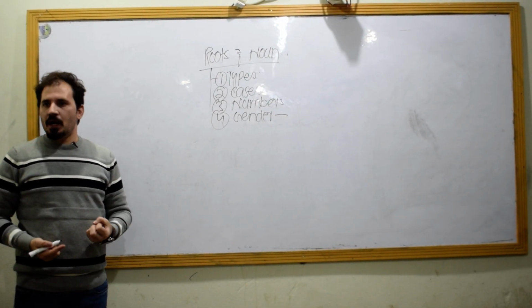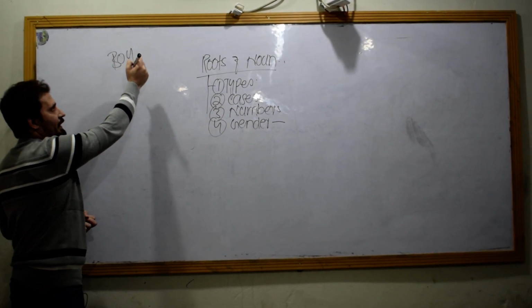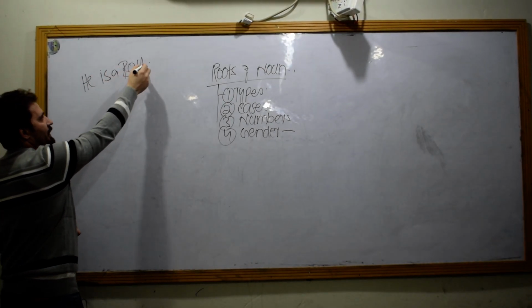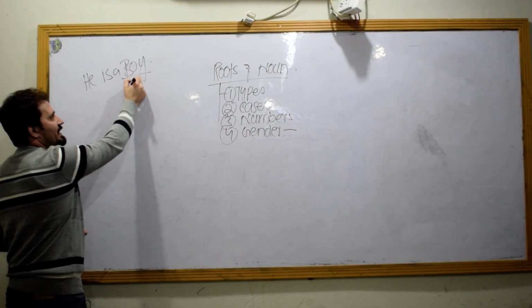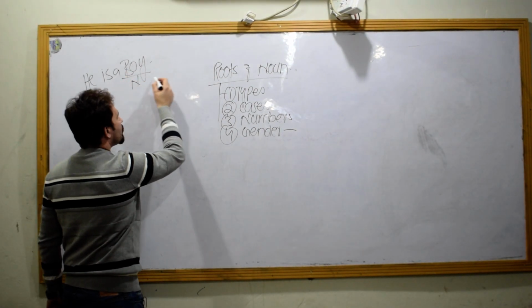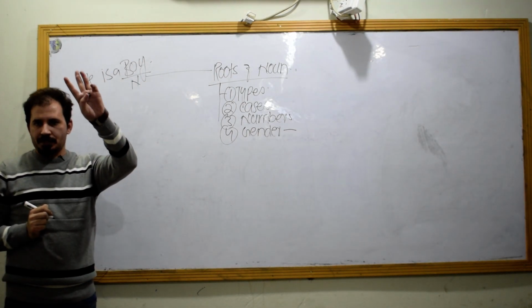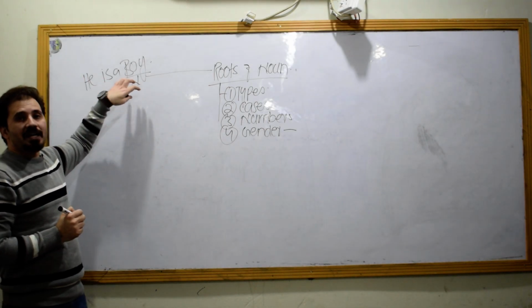To understand a noun, for example, if I write down here boy, or for example, he is a boy. Now, can we see here, boy is what? It's a noun. We must know 4 things related to a single noun.